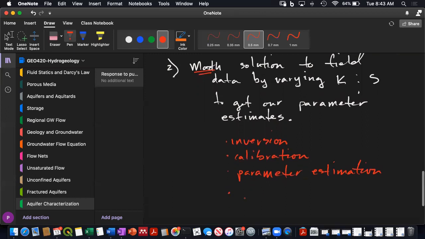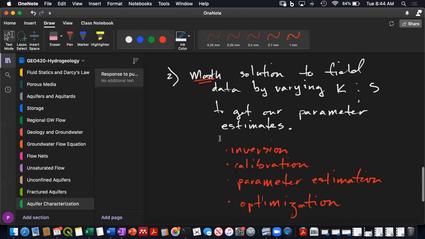In engineering, it gets called optimization. All of these are the same idea. It's basically making your model or your solution fit your data. And you'll hear all these different words thrown out for it.